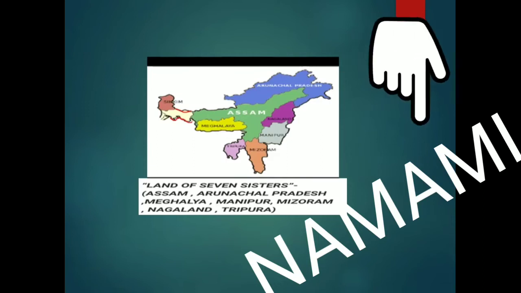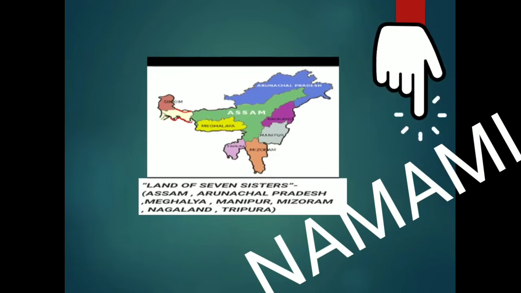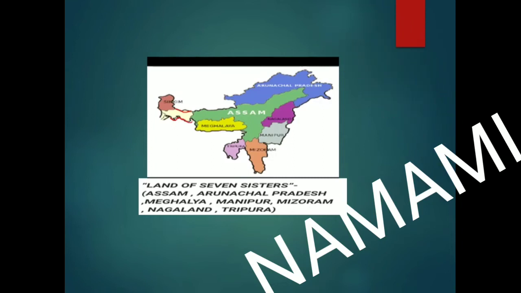We can make a mnemonic which is called Namami. If you remember this mnemonic Namami, it is very easy to locate them in order. Nagaland followed by Manipur followed by Mizoram. This way you can remember, children, Namami.